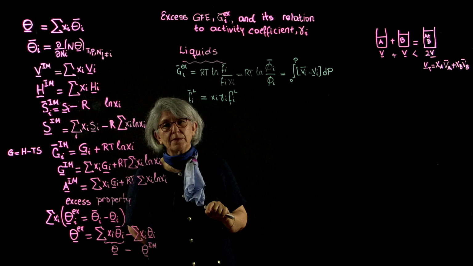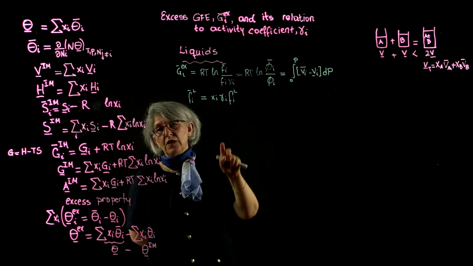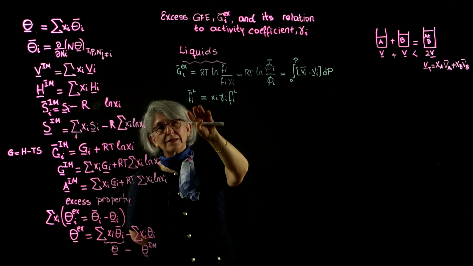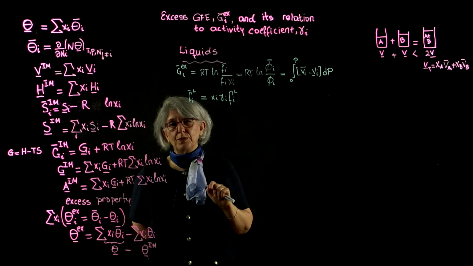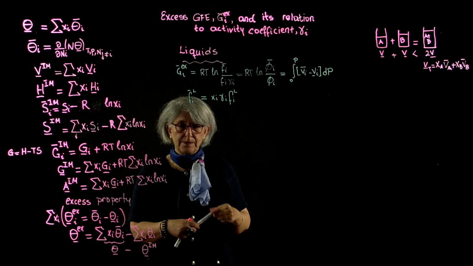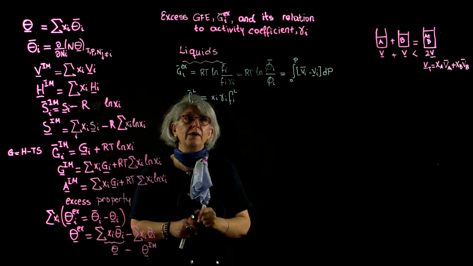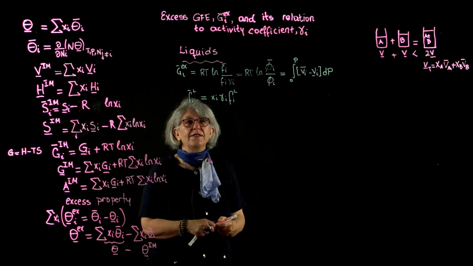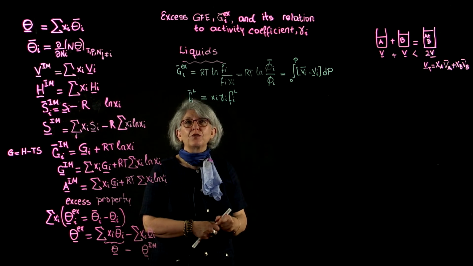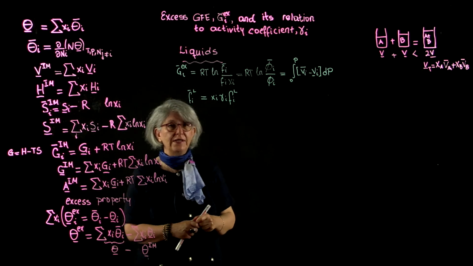This is going to be multiplied by the mole fraction. If we have an ideal mixture, this is going to drop out of the equation, as we have done with the Raoult's law derivation in an earlier video.